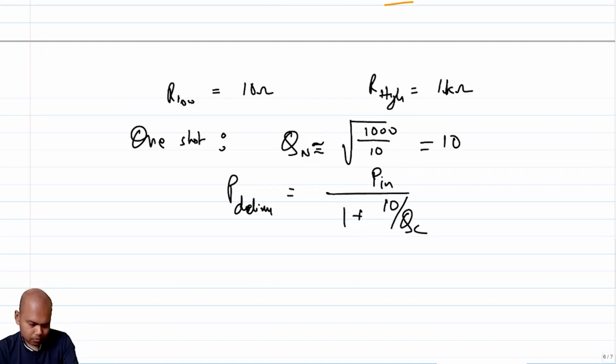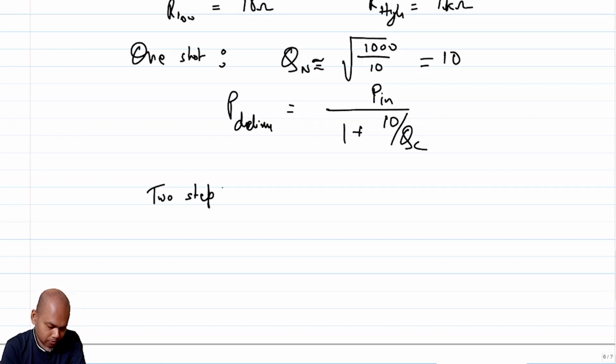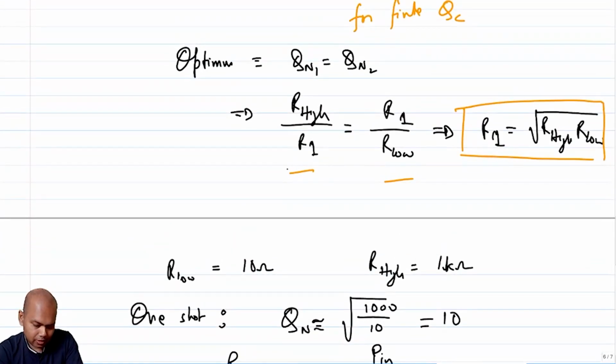Now if I use a two-step matching network with the framework that we have just developed, then what are we saying? We are saying that when we make this statement, we are also making the inherent statement that qn2 is equal to qn1.